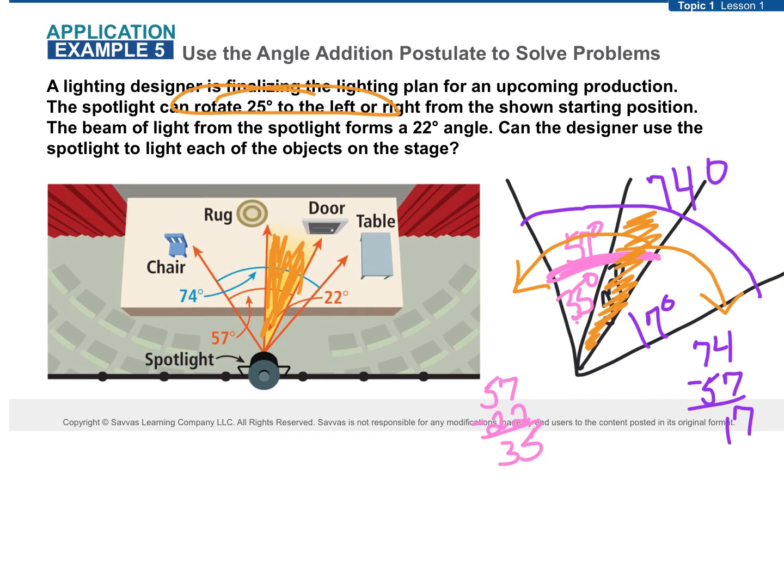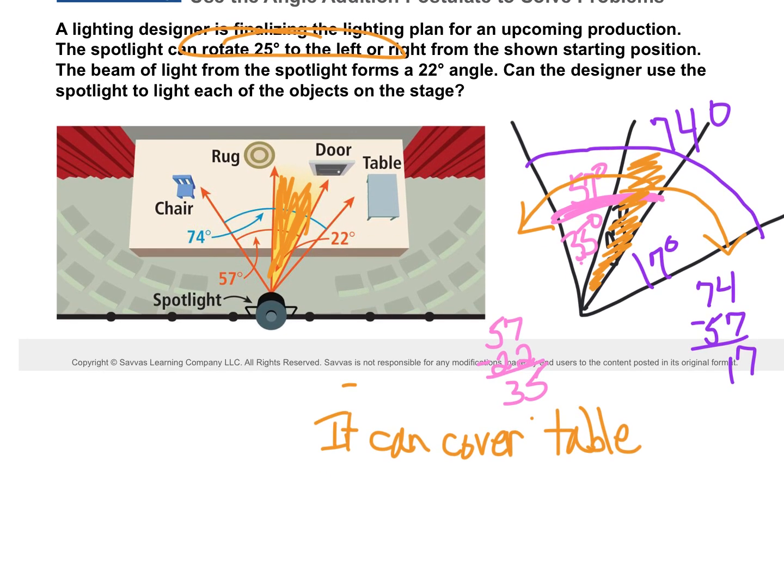No. So the answer is it can cover the table, but not the chair. And that's all that is talking about.